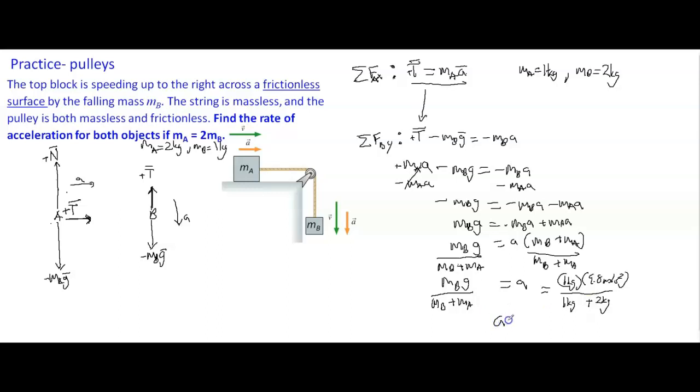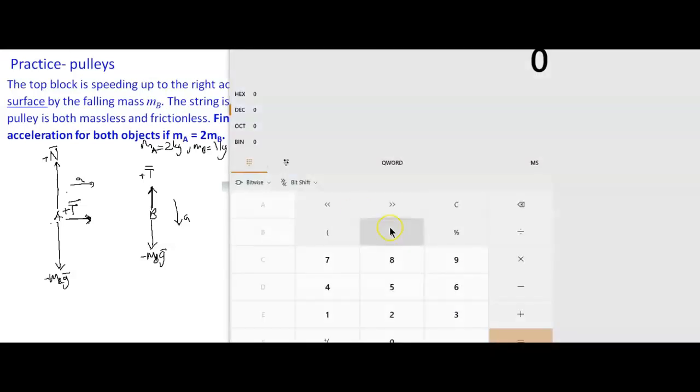What that means is that acceleration is equal to 9.8 newtons. 1 kilogram times 9.8 meters per second squared is 9.8 newtons over 3 kilograms. Which is basically what we're saying is that's 1/3. And pull up my little calculator. So that is 1/3 of gravity.